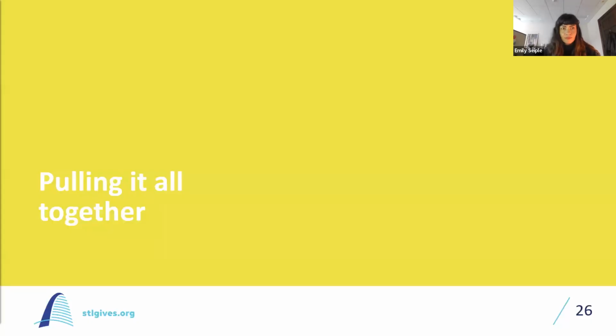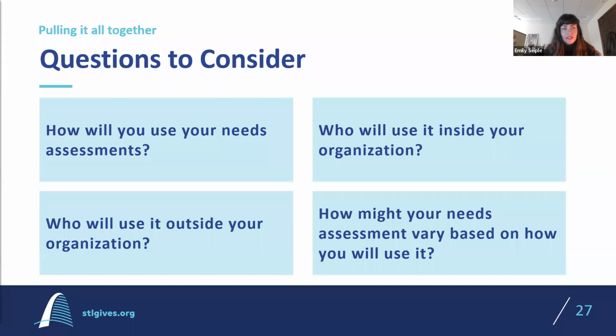I'm just going to move through this next section a little quickly because we would love to get to some of those questions you've already entered. So in terms of pulling it all together, some questions to consider as you start or refine your needs assessment process is how will this be used?